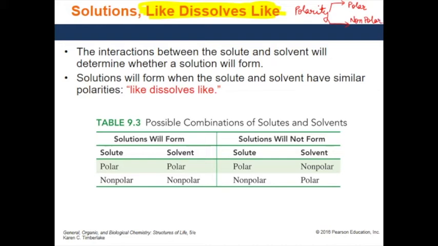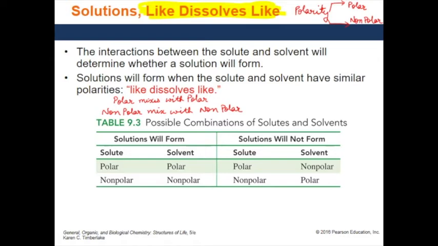So what this rule tells us is that polar molecules mix with polar molecules, and similarly non-polar molecules mix with non-polar molecules. But if you try to mix polar with non-polar, that is not going to mix. Why? Because again, like dissolves like. Only like compounds mix with each other.